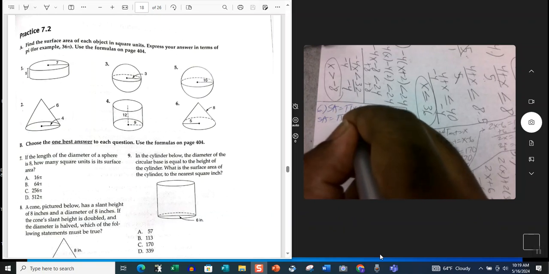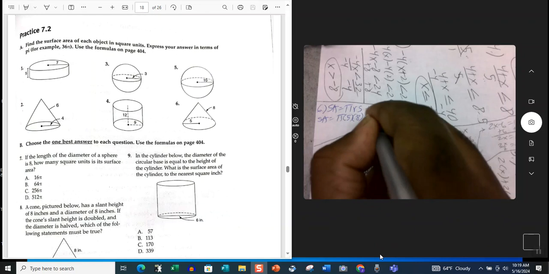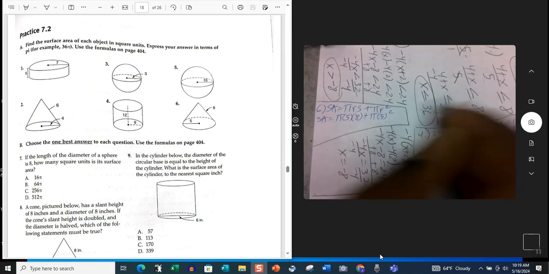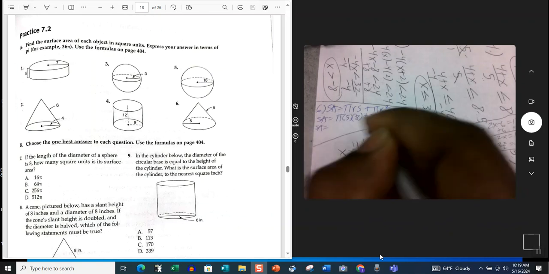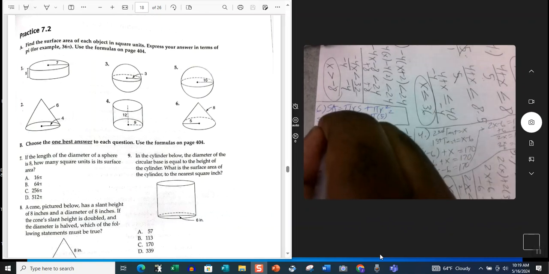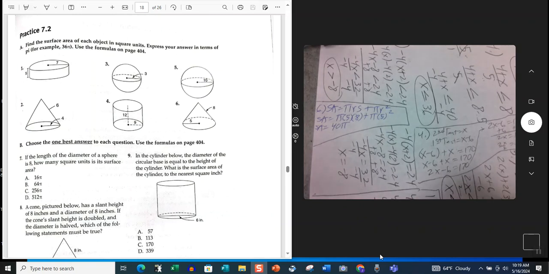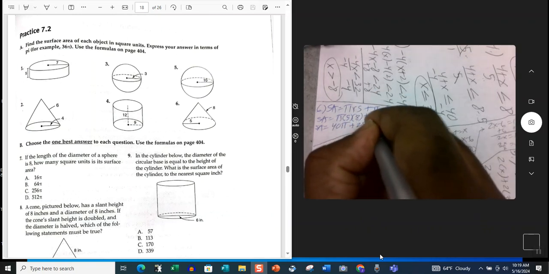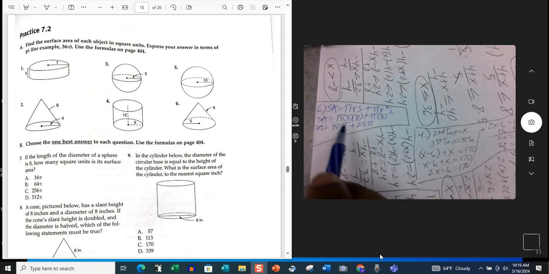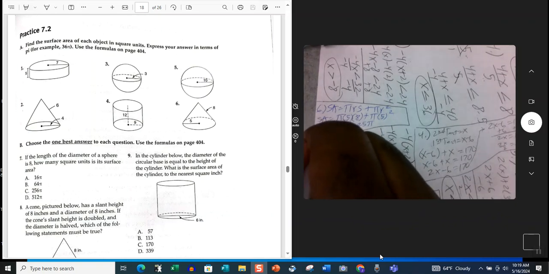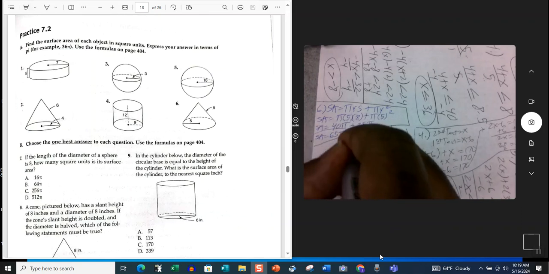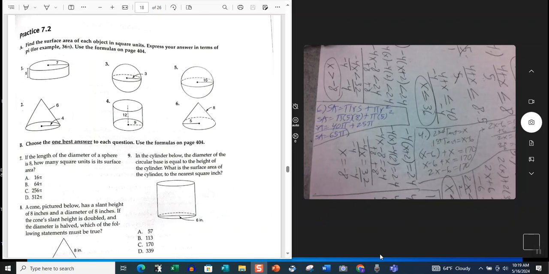The slant side is 8, plus pi, and we already determined the radius to be 5. So now we have the surface area is equal to 5 times 8 is 40. So this would be 40 pi. Plus 5 squared is 25, so that would be 25 pi. 40 pi plus 25 pi is 65 pi. So your surface area would be 65 pi. And that is it for problems 1 through 6.